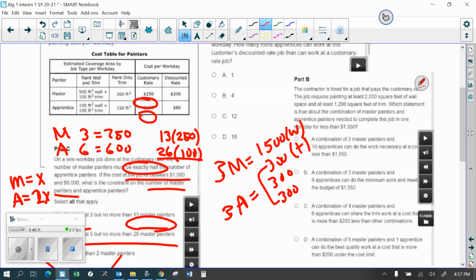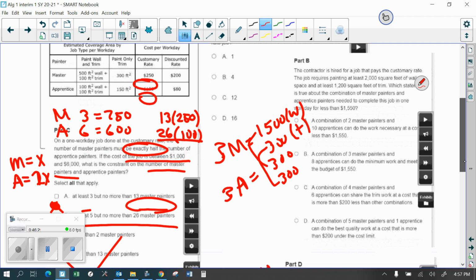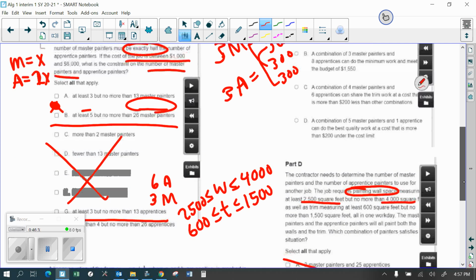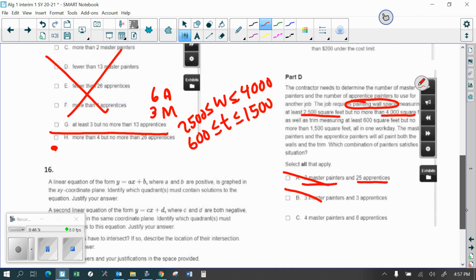So that gives me 600, which satisfies the minimum, and that gives me 1,800. Is that satisfied? 1,800? No, it has to be at least 2,500. So that one's out.